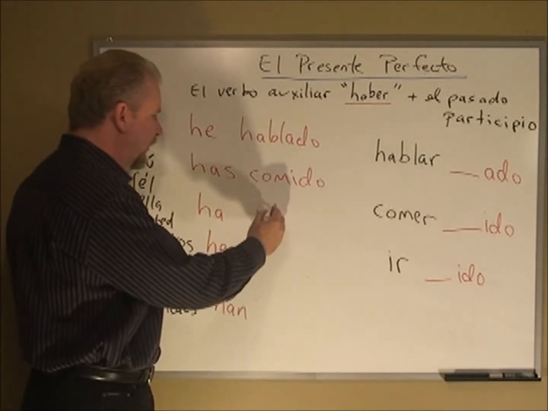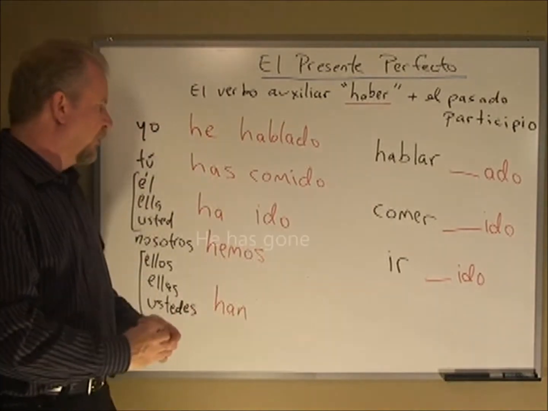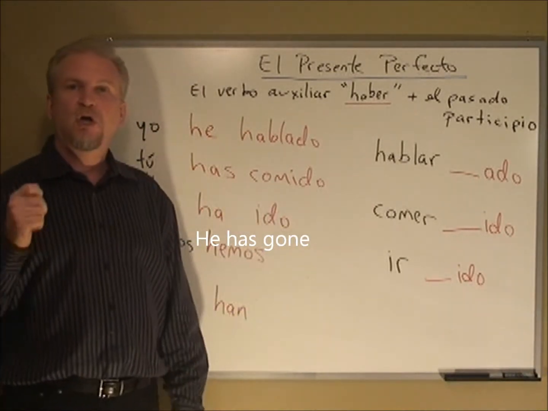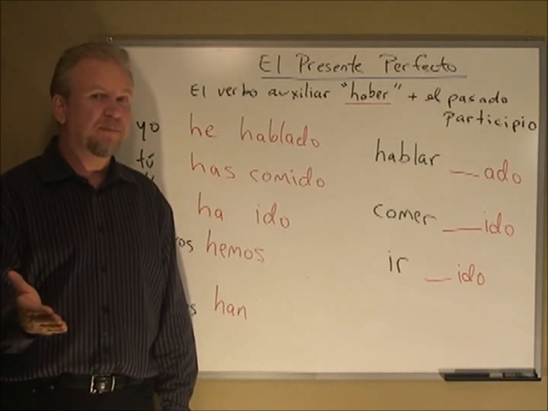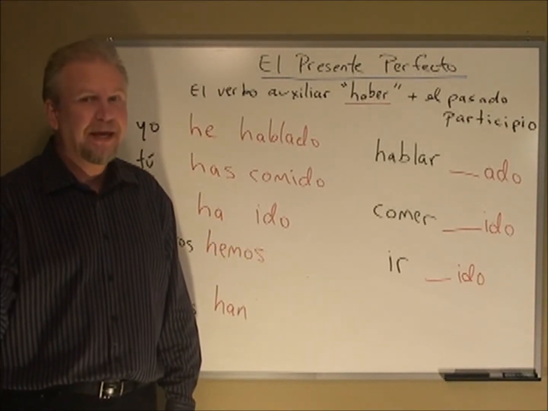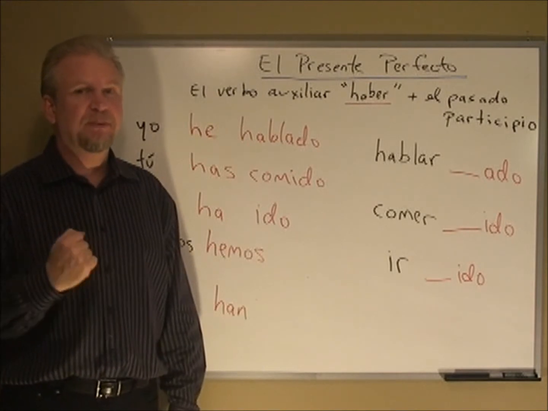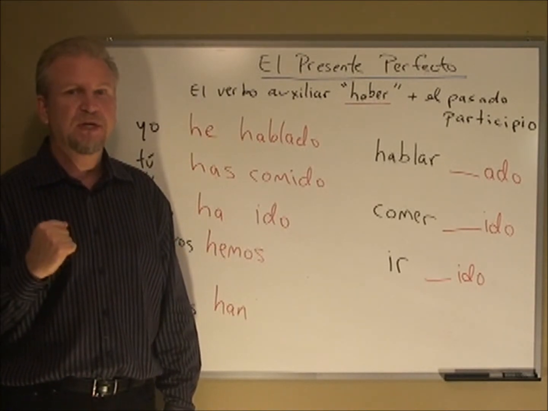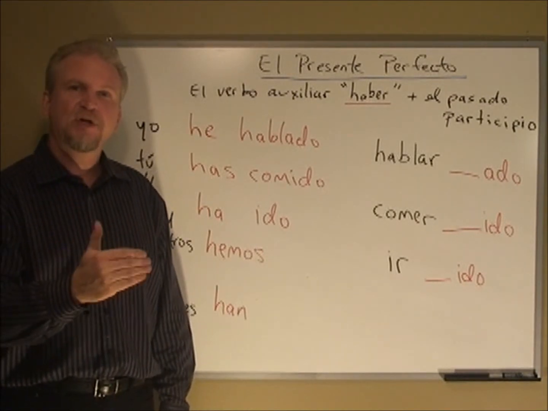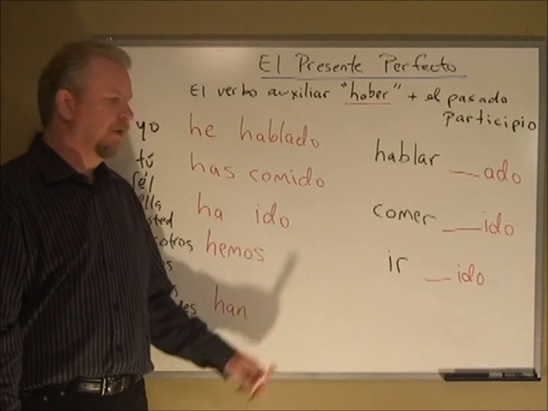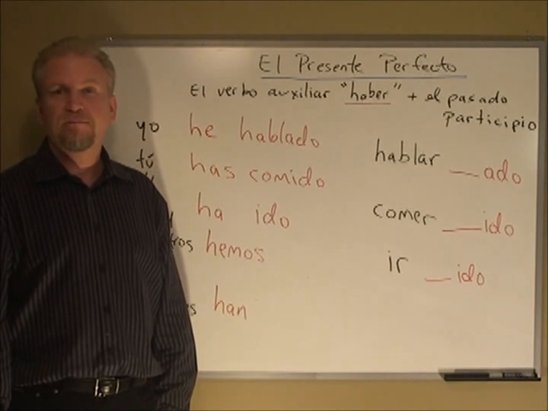So we could say él ha ido, he has gone. Él va, he goes in the present tense. Él fue, he went in the pretérito, simple past tense. Él ha ido, he has gone in the present perfect tense.